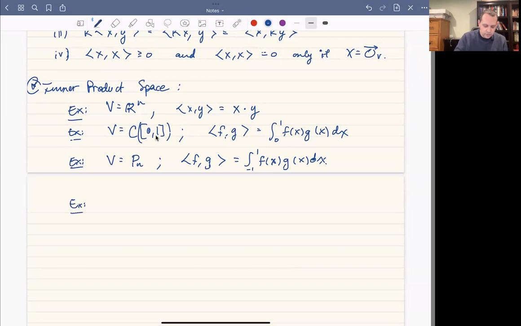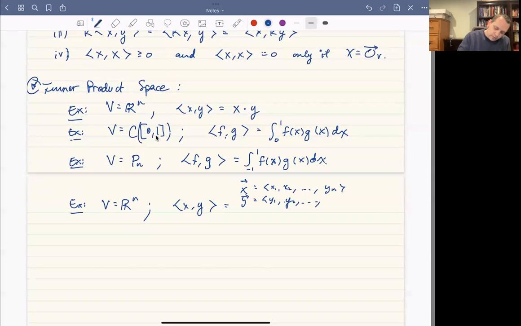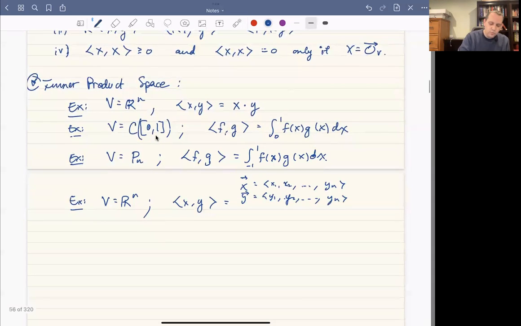We could talk about Rn. One way here is that if x and y are the vectors, so if x is the vector x1, x2, all the way out to xn, and y is y1, y2, all the way out to yn, then of course the dot product is going to be an inner product, but also any weighted dot product will be an inner product.